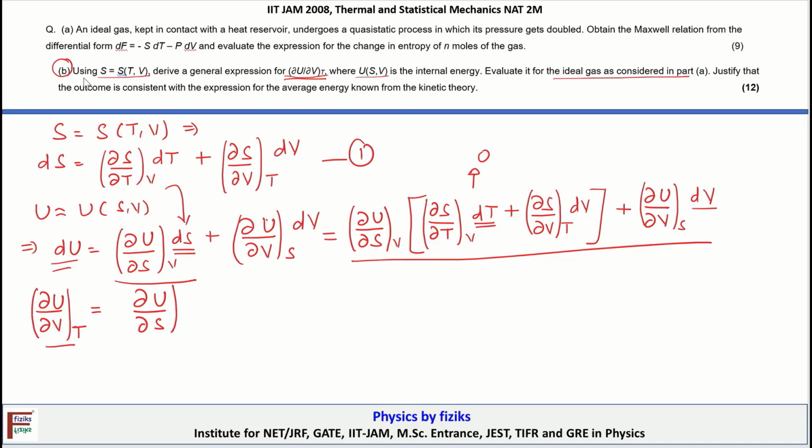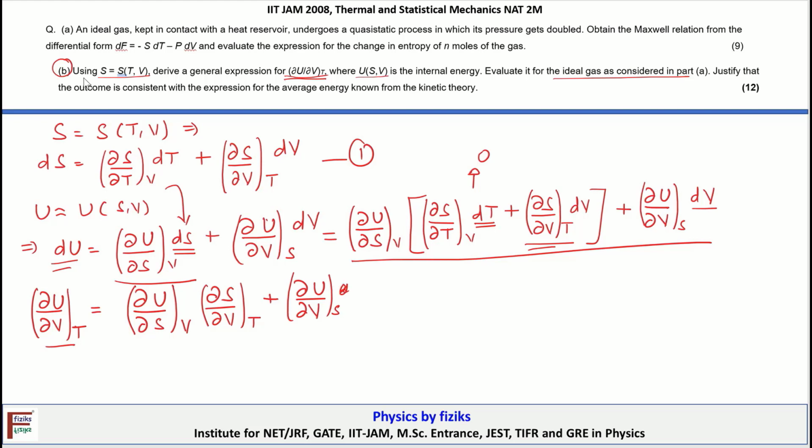So this is equal to basically (∂U/∂S) at constant volume, and then this is 0, and then this term, (∂S/∂V) at constant temperature, plus (∂U/∂V) at constant entropy.